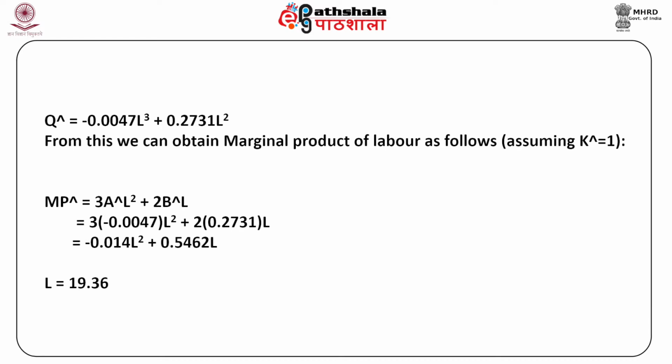MP hat = 3·A hat·L² + 2·B hat·L, which equals 3(-0.0047)L² + 2(0.2731)L, which equals -0.014L² + 0.5462L. From this, we can calculate the level of employment after which the diminishing marginal return sets in, L = 19.36.